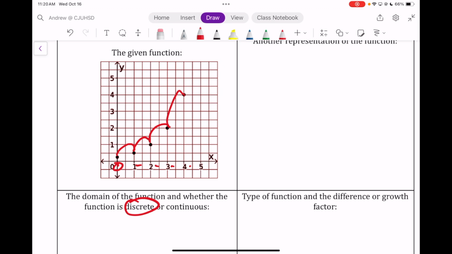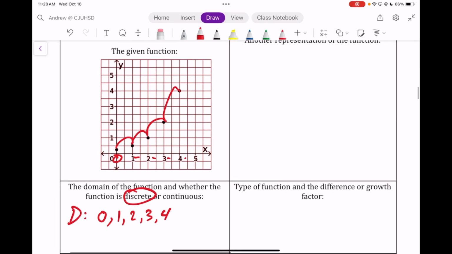This one seems to stop at 4. So the domain, I could list out the numbers exactly. It's 0, 1, 2, 3, 4. Those are the only allowable inputs that I see on this graph. Now, there might be others that I just can't see. In that case, I would probably call this whole numbers as my domain.